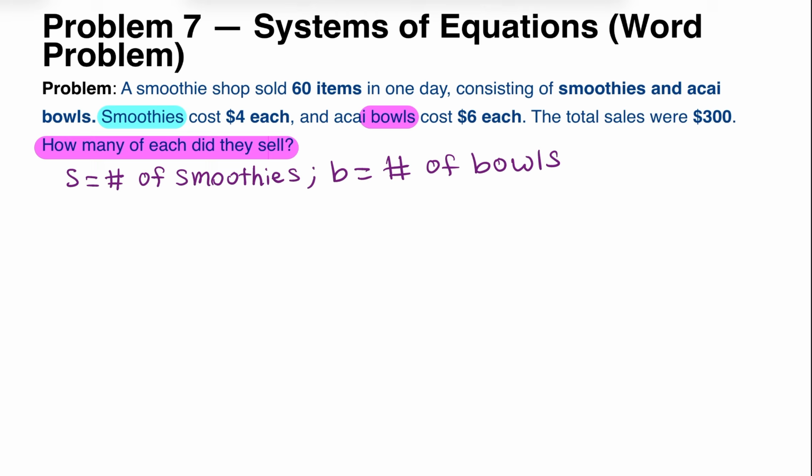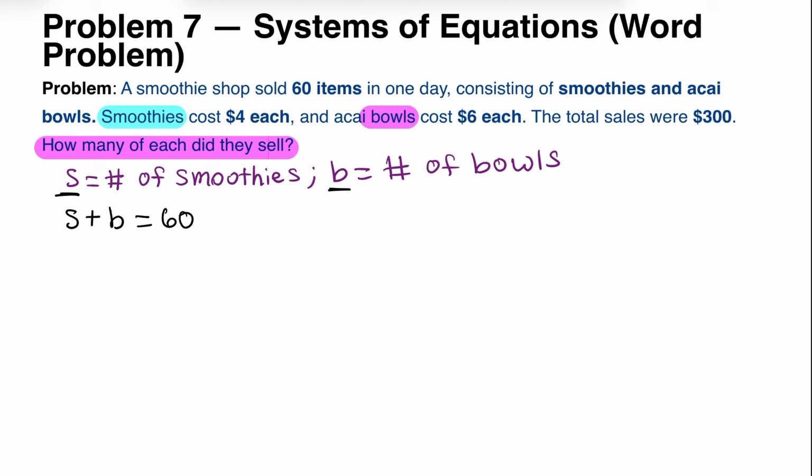So we have S and B. We'll write S for smoothies plus B for bowls equals 60. Remember, that's the total of items that were sold in one day. So smoothies plus bowls equals 60.